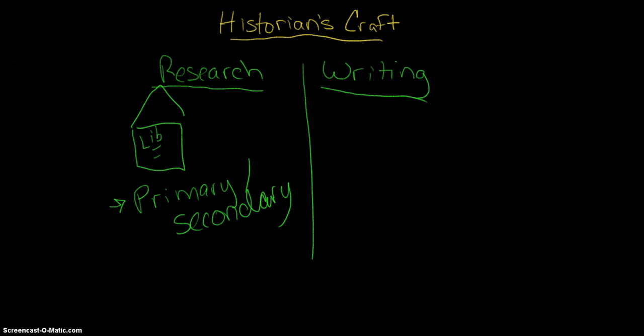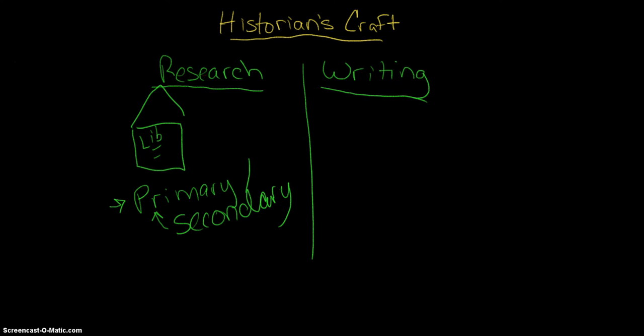A secondary source, as the name implies, is usually a written work that was written by a person who was not at the event. So they are looking at primary sources and then putting their own spin on it, kind of. But we'll discuss the differences in more detail once we get to the actual research video.